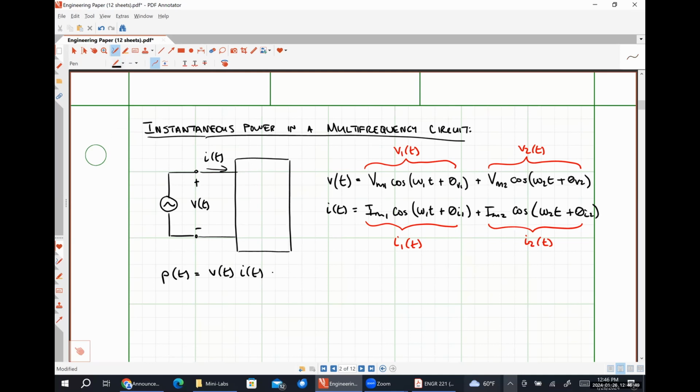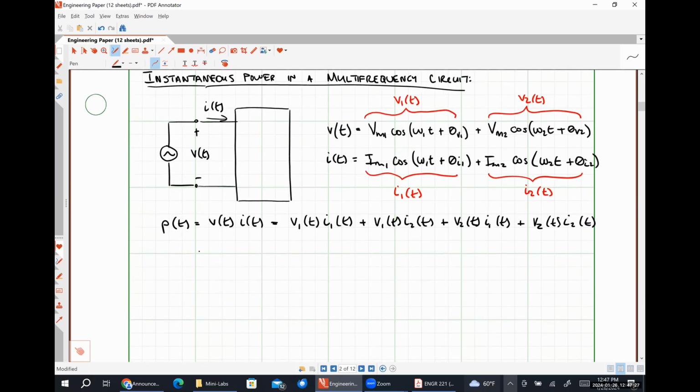And so multiplying these together, we're going to wind up having V1 times I1 plus V1 times I2 plus V2 times I1 plus V2 times I2. And now I'm going to have to apply that trig identity I showed you guys a moment ago 4 different times.